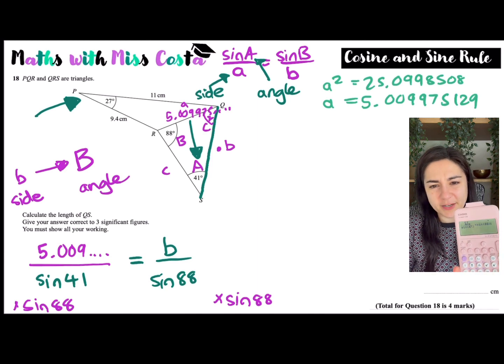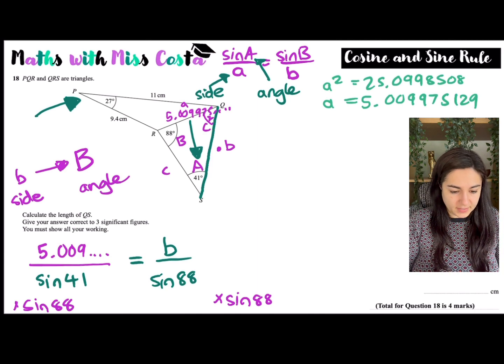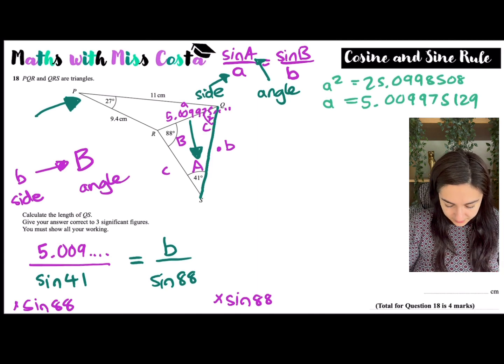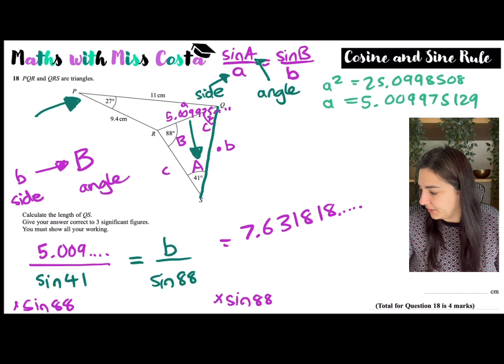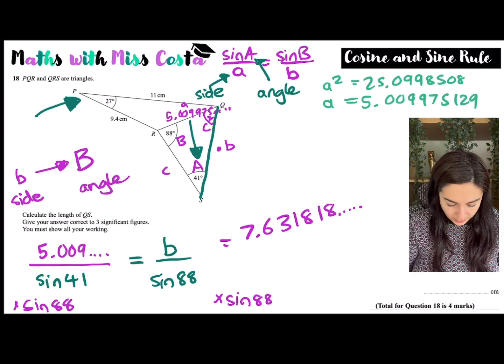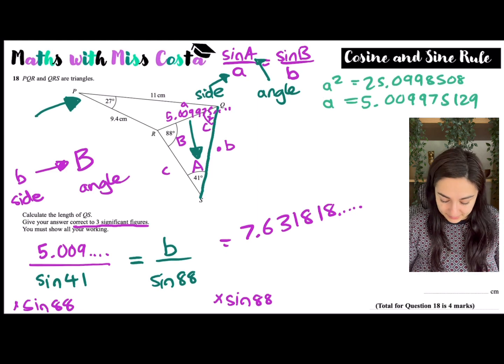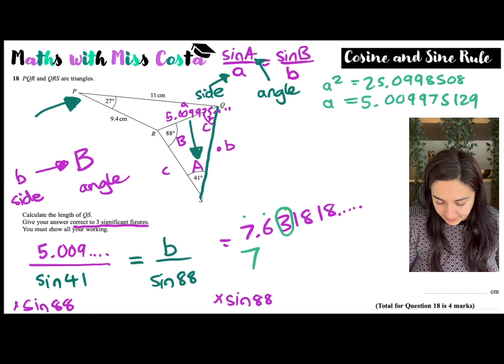So that's how it would look. Equals 7.631818 and so on. It tells you to give your answer correct to 3 significant figures, so I don't need to write all of those decimals out. That's 1, 2, the third significant figure is here, so that would be 7.63.